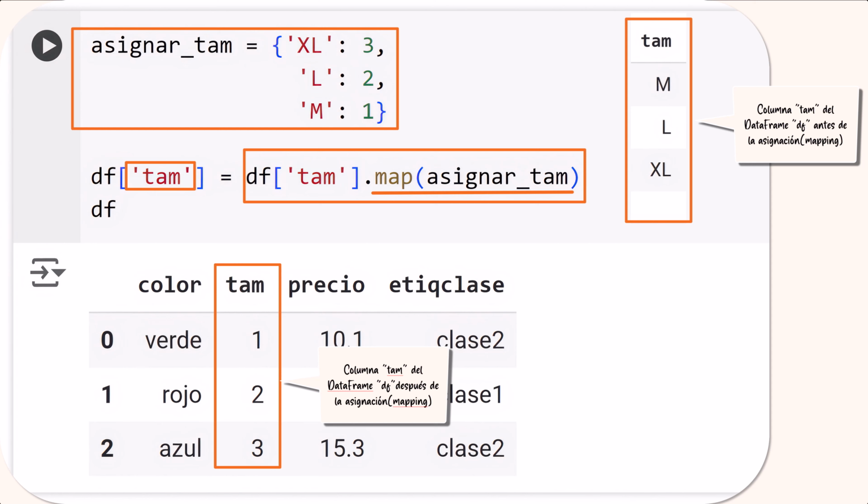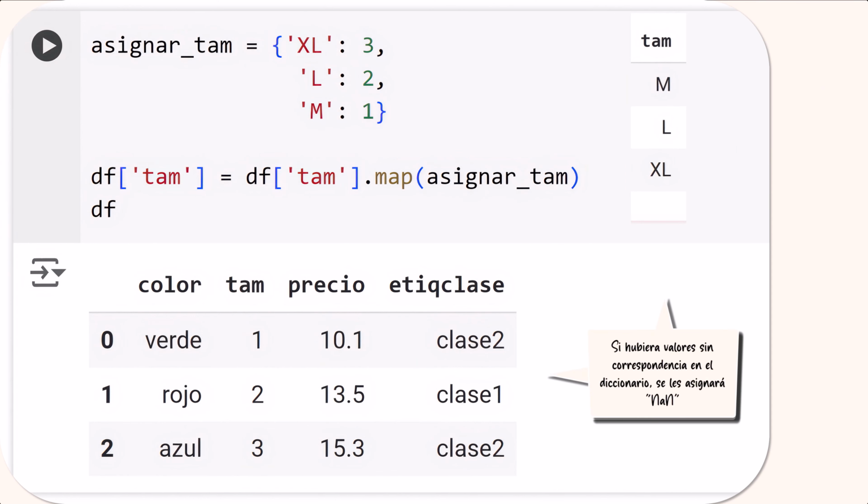This way we turn clothing sizes XL, L, and M into numeric values 3, 2, and 1 using a dictionary. If there are values not found in the dictionary, they will become None, which we can then handle using the missing value techniques we have already discussed.